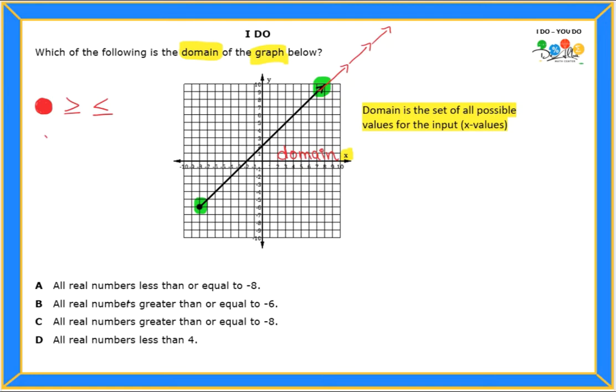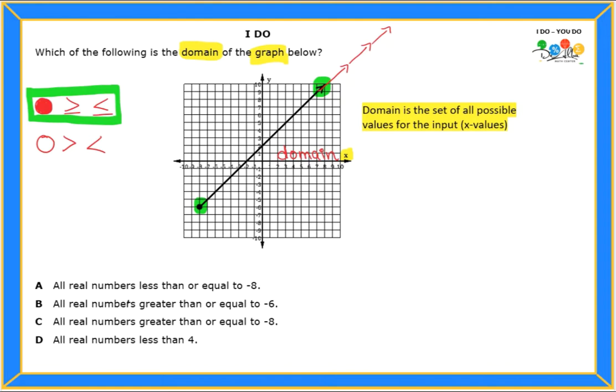On the other hand, if my circle is not shaded, I can only choose greater than or less than. Since the point on the graph is shaded, we are going to choose either of the two on the top. Which one we choose depends on whether my domain is going to the right or to the left. We'll come back to see which one I need.